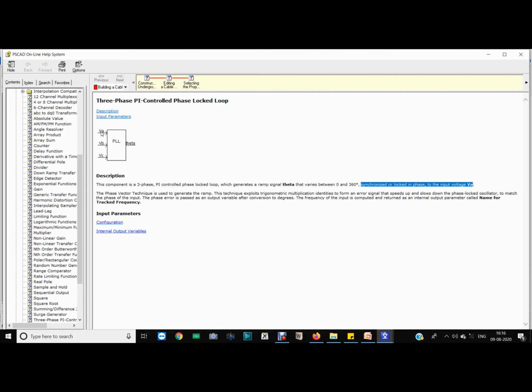So whatever we give in VA, theta will maintain the phase with VA. If we don't connect VB and VC, obviously we need to connect something, but this will not matter for the phase of theta. So theta will maintain the phase of VA, right?